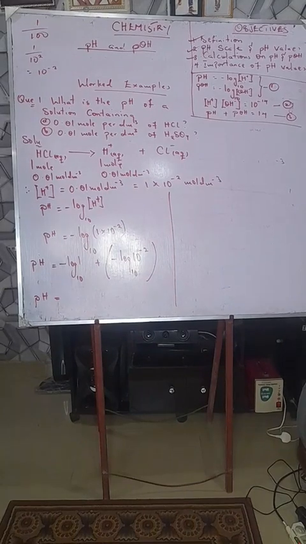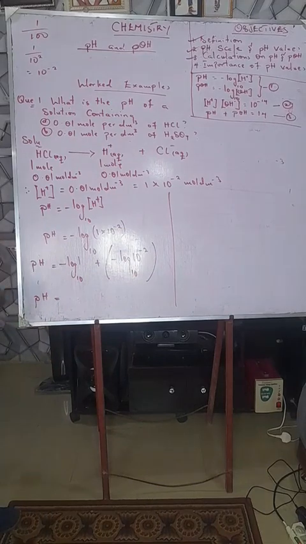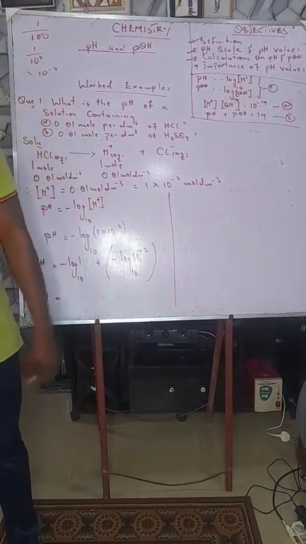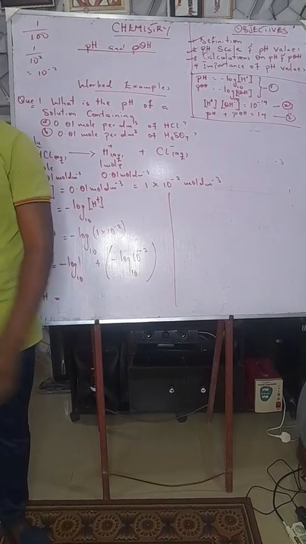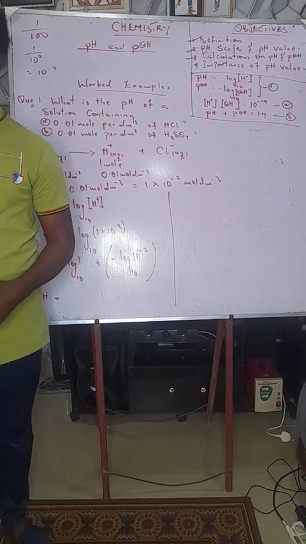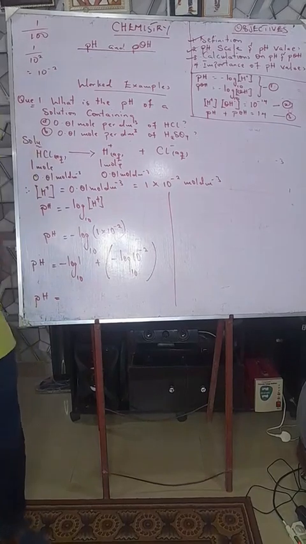Has anybody pressed log 1 from his calculator? We have our minus here. Then press your log 1. Let me see the comment from the comment section. What do you have? Log 1 gives what? Possibly maybe they don't have calculator with them. So log 1 will give you 0.